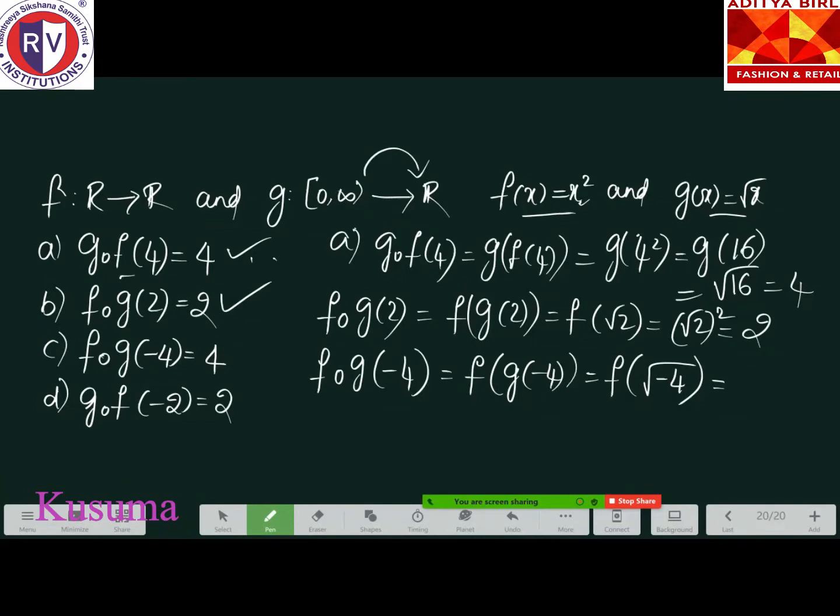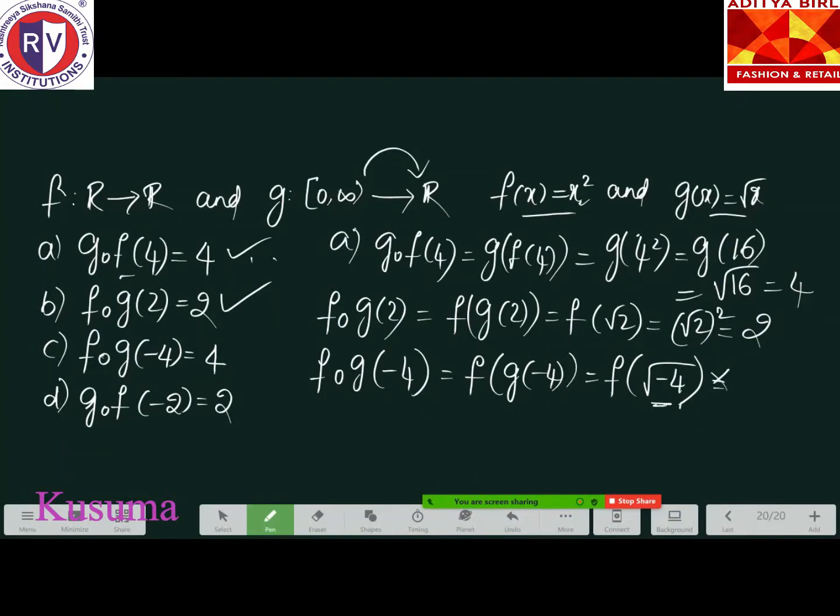But whenever you have to consider the root of a negative number, you will get a complex number. So the root of a negative number will be a complex number, which is not a real output. Therefore, this is a false statement, because the output here will be complex.